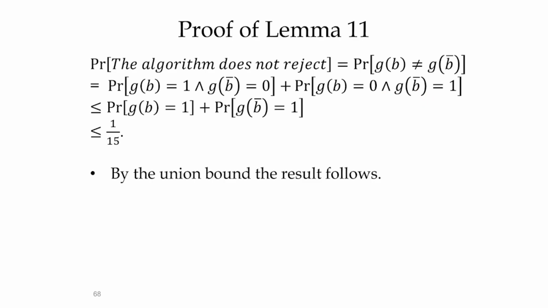All of that is less than or equal to the probability that g of b equals 1 plus the probability that g of b bar equals 1. And that is less than or equal to 1/15. By the union bound, the result follows.